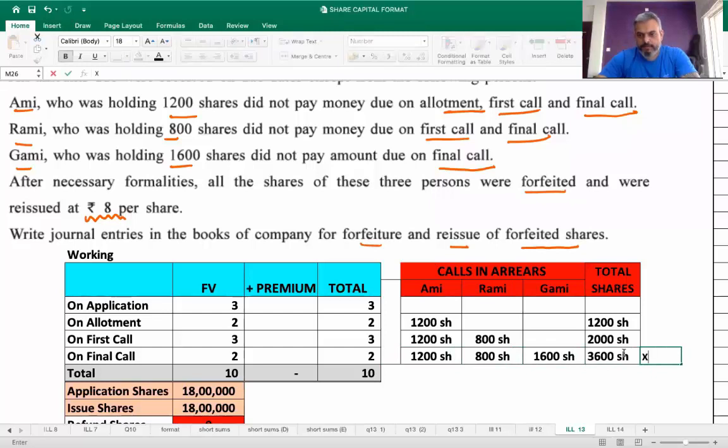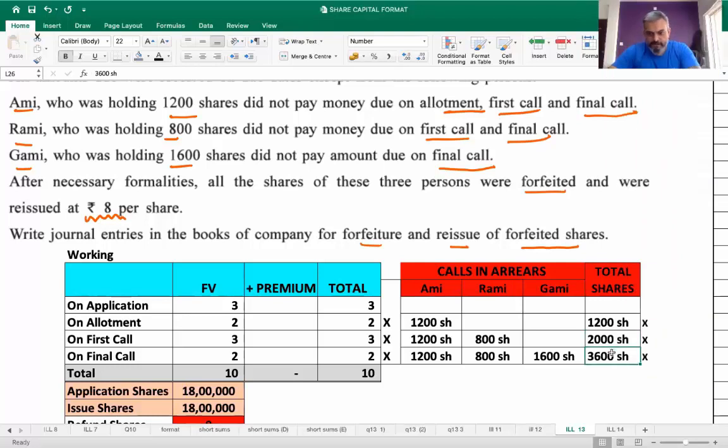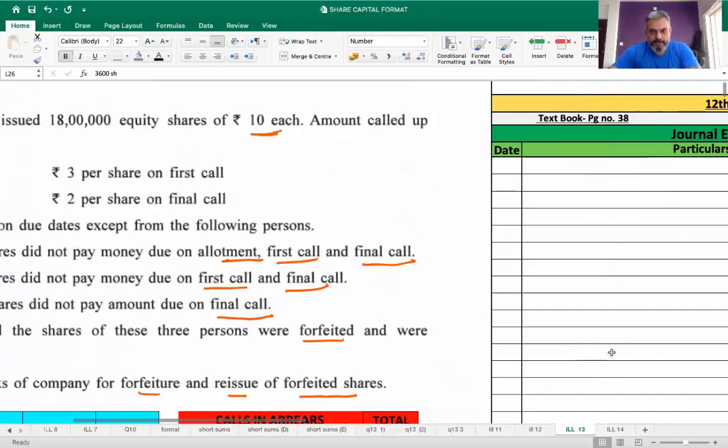So on allotment, we did not receive money for 1200 shares. On first call, we did not receive money for 2000 shares. On final call, we did not receive money for 3600 shares. So you have to keep this in mind. Now we are forfeiting complete 3600 shares. Okay, so let's write the entry.